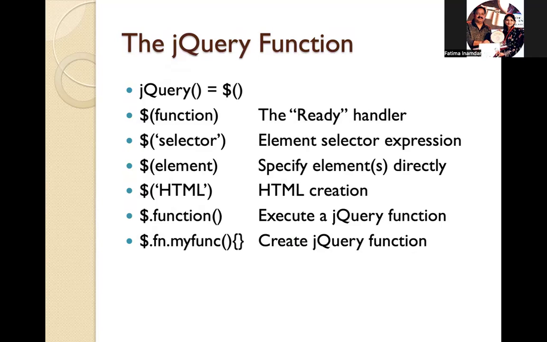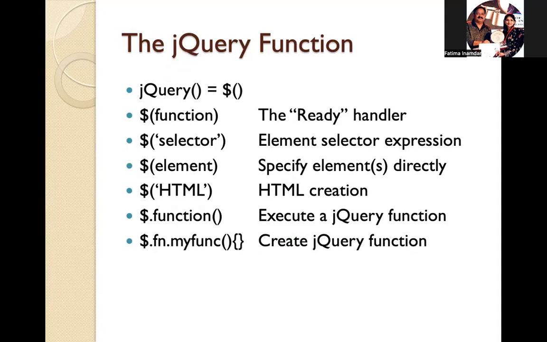Now let's understand the jQuery functions. So the first function we are using is jQuery, equal to the $ sign, and then the function name we have to provide. So dollar and function, I'm considering, is used for the ready handler. Then the selector we have to pass, where we are selecting the particular element for the selector expression.